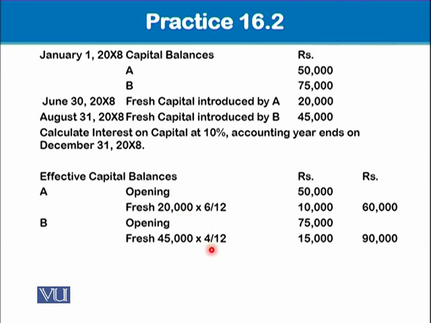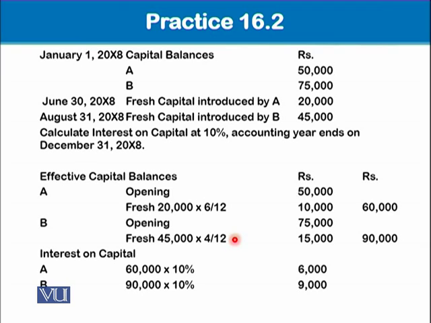So its 4 months balance would be equal to an effective amount of 15,000. So the effective balance of Miss B's capital is 90,000. Got it? So fresh capital will be multiplied by the number of months from the date of introduction of capital till the closing date, which is 4 months. All right, so this is how we work out effective capital balance.